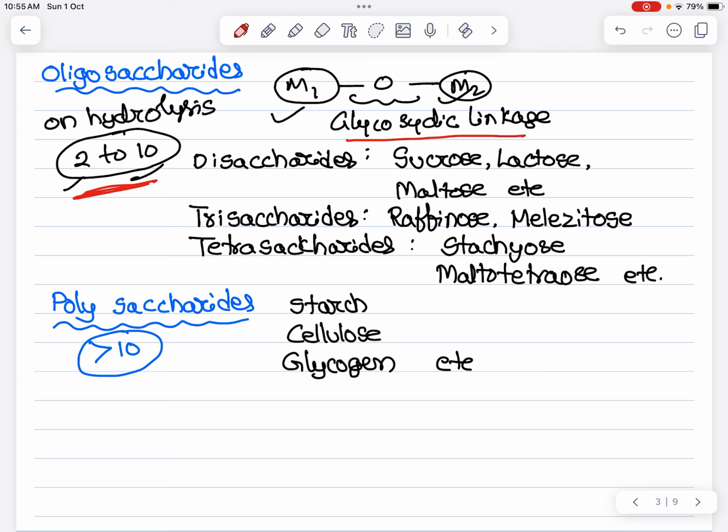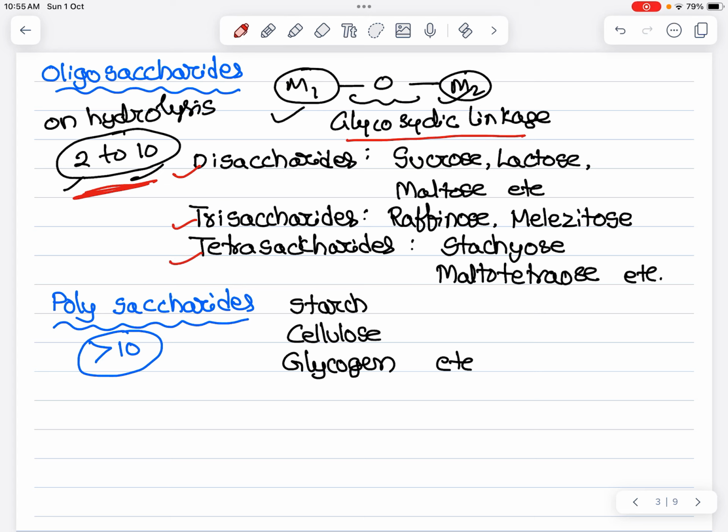If 2 monosaccharides are attached, they are called disaccharides. If 3 units are attached, trisaccharides. And if 4 monosaccharides are linked, tetrasaccharides.